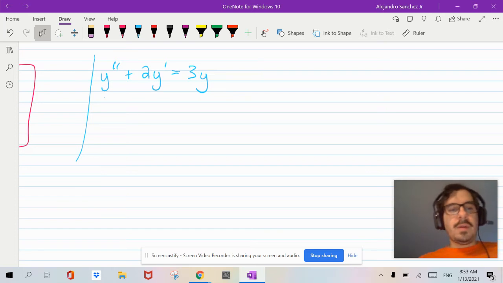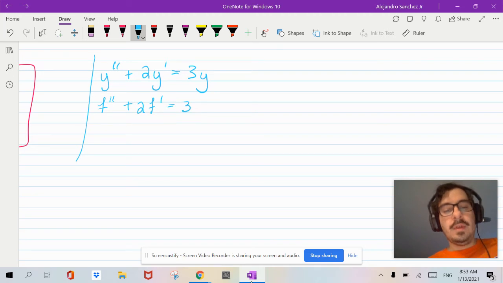And just so that we're all on the same page, there are different ways of viewing this equation. Just to recall, we can also use function notation: f double prime plus 2 times f prime equals 3f.